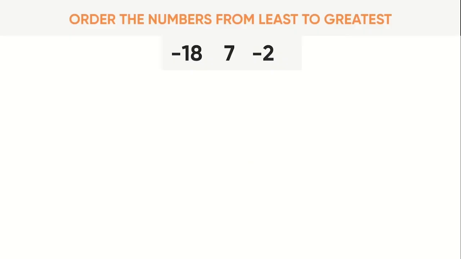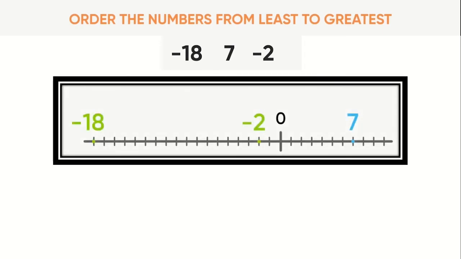Order the numbers from least to greatest. So we have here negative 18, 7, and negative 2. To visualize what is happening here, we can still use the number line and locate the numbers. So 7 is on the right side of the 0. That's 1, 2, 3, 4, 5, 6, 7. And then negative 2, that's 2 times going to the left.